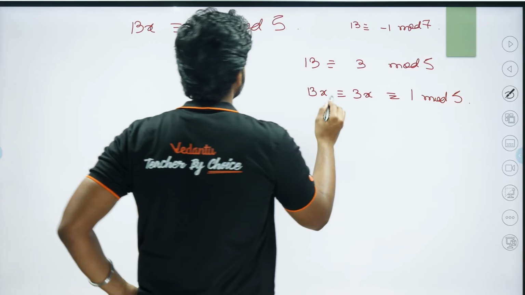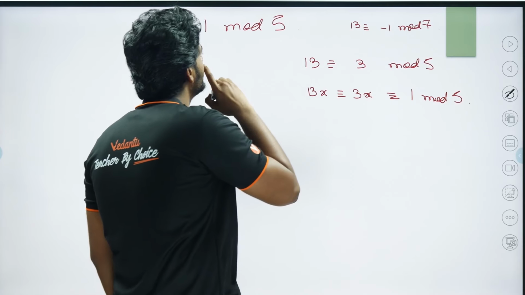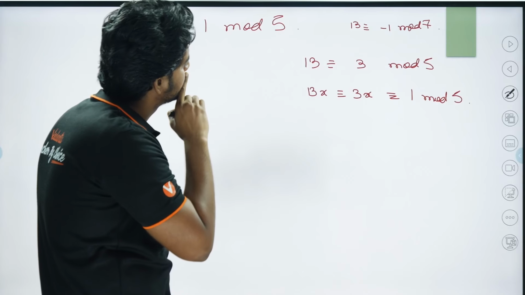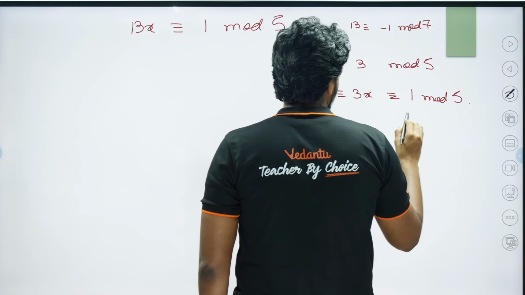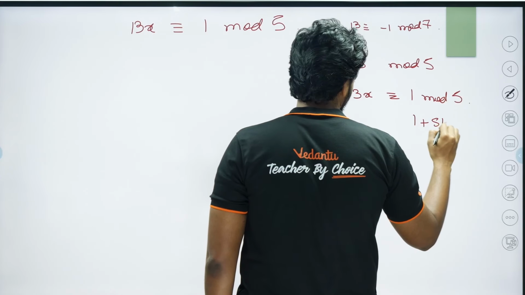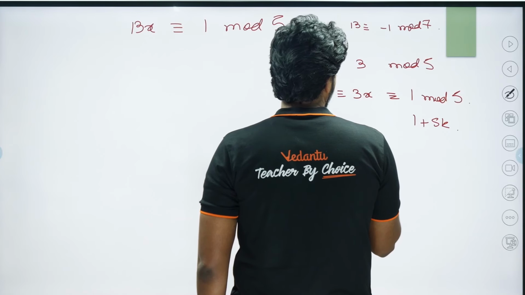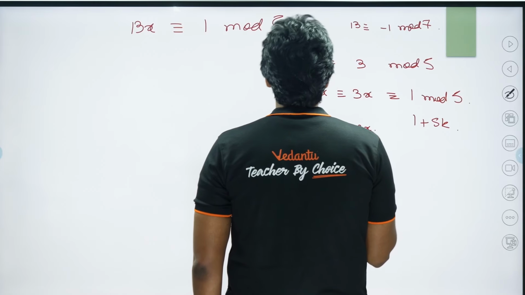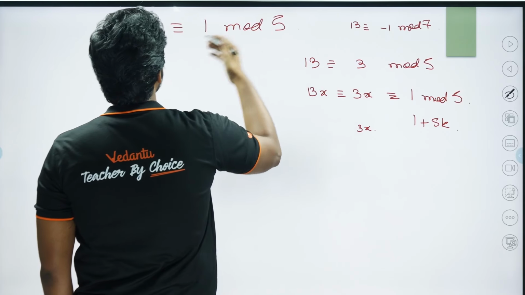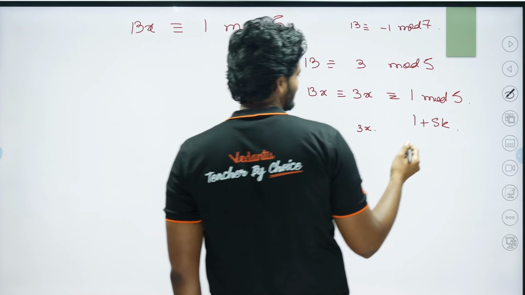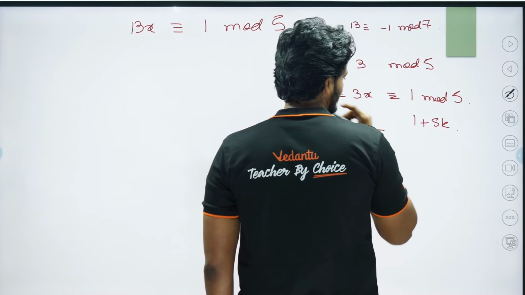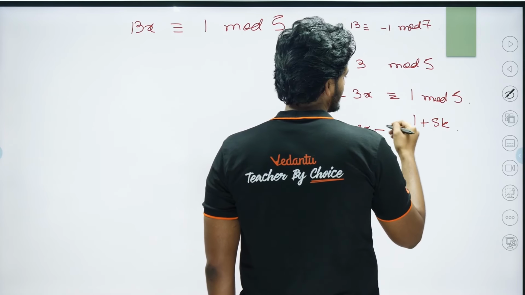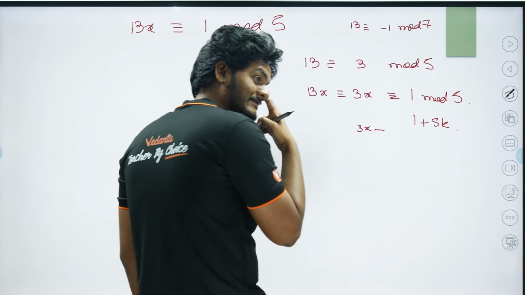So how is that possible? I want it to be 1 plus 5k type. So you're essentially building it so that 5k plus 1 has to be a multiple of 3.